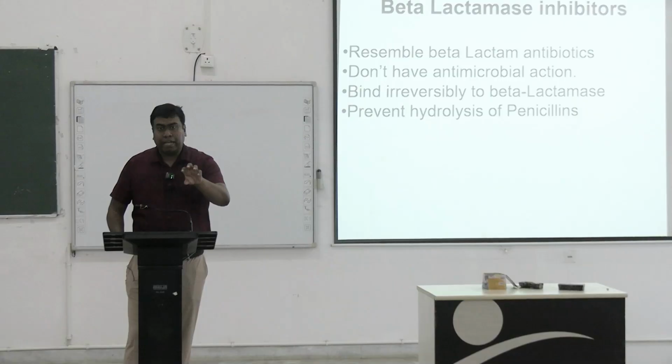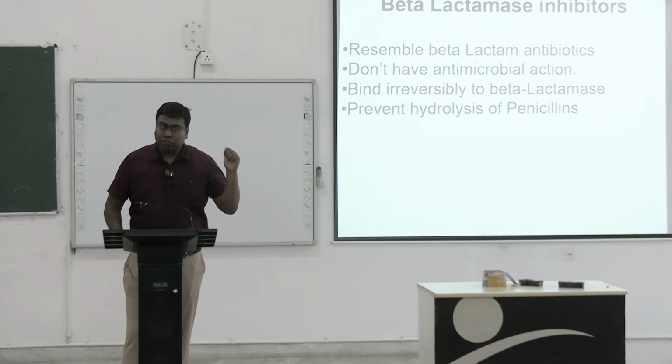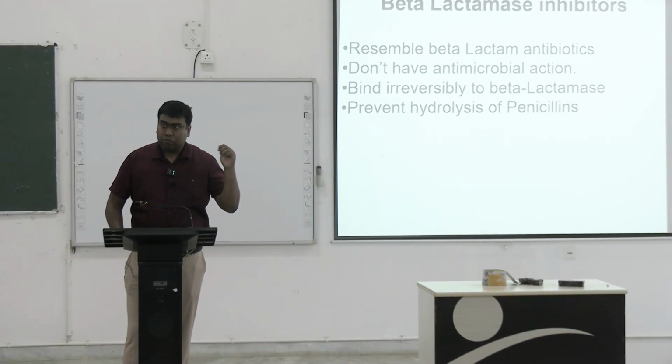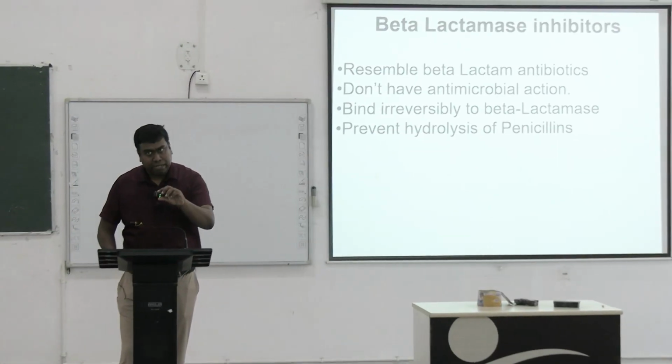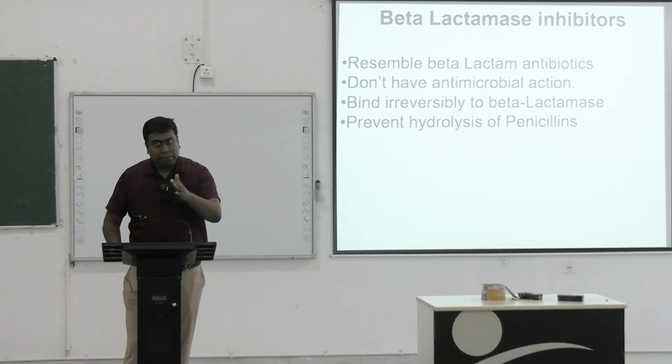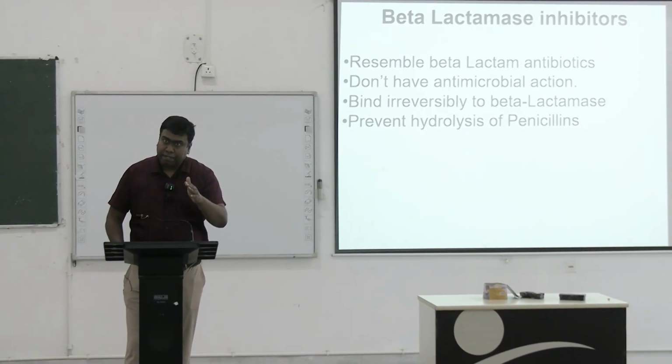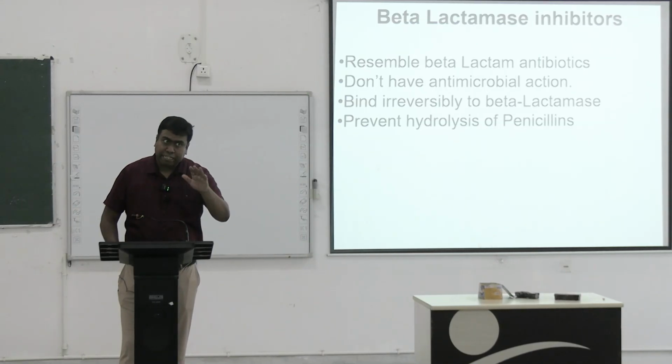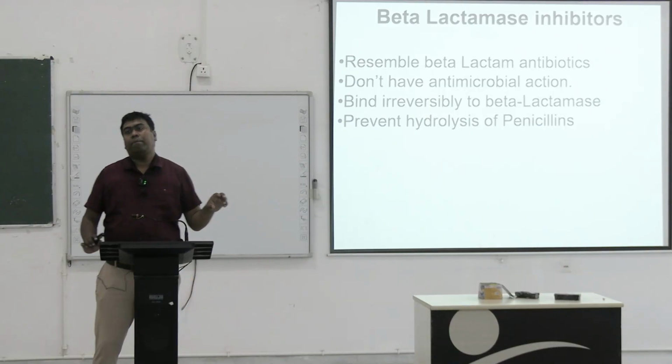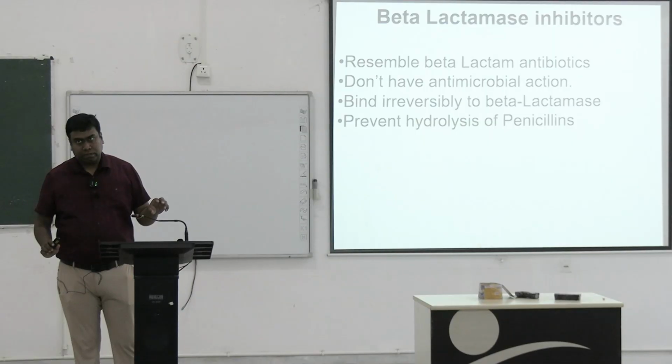So they engage, and they are also called suicide enzymes. The beta-lactam rings of beta-lactamase inhibitors are destroyed. So the enzyme is engaged, and the beta-lactam rings of antimicrobials are preserved for their antimicrobial activity.